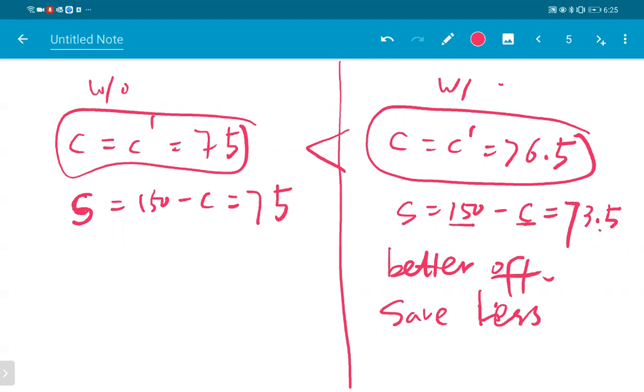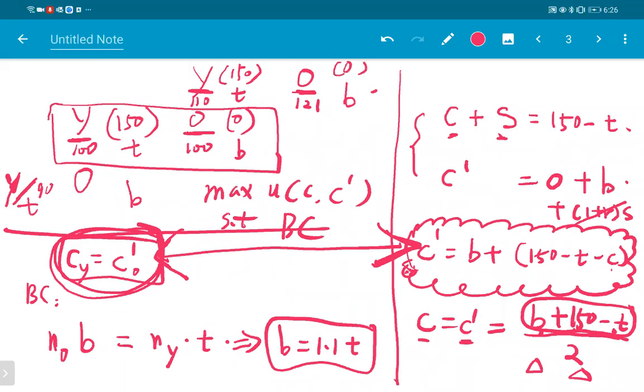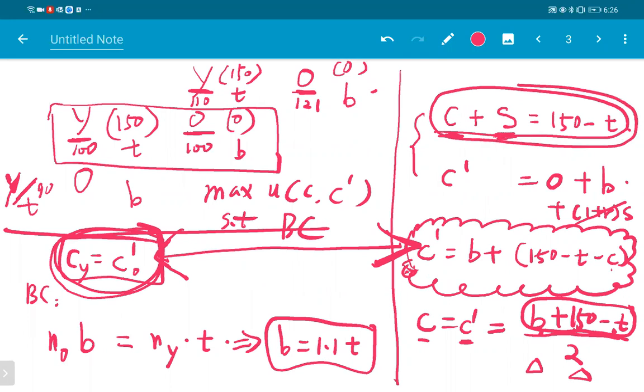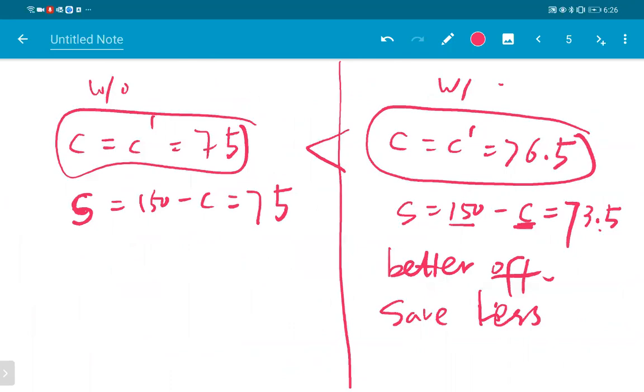Why did you set that equal to 73? This 150 minus C? Oh, okay. Let's just make sure. Look here, this is your budget constraint. Wait a second, I apologize, I might not be correct. We need to plug in. This is your budget constraint, and I didn't calculate correctly. So C is 76.5 plus S equals 150 minus the tax of 30.